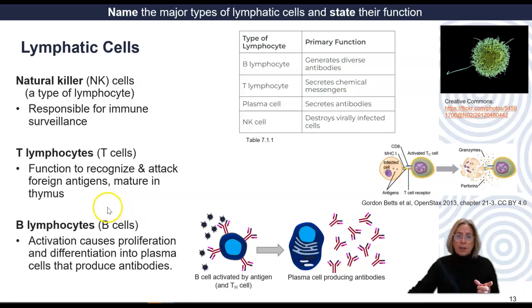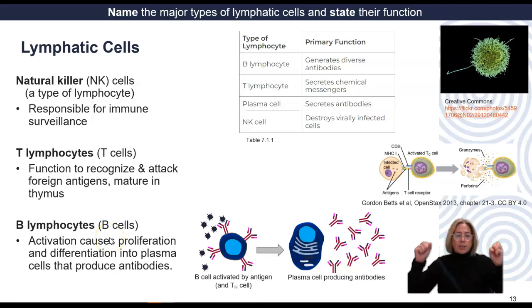Now we also have B lymphocytes, otherwise known as B cells. And you can see a B cell here with the B cell receptors, which are like antibodies, or they are antibodies on the surface of the B cell, and they're getting activated by an antigen as well. And so when they get activated, they proliferate.